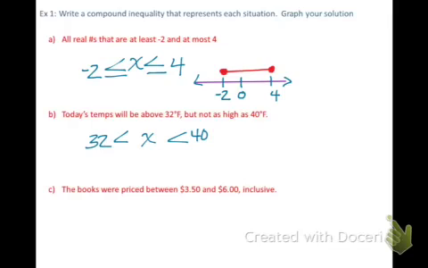So again, you write out your line. This time they're both positive, so you just put your numbers, 32 and 40. And then you have open circles on both, and they go in between.